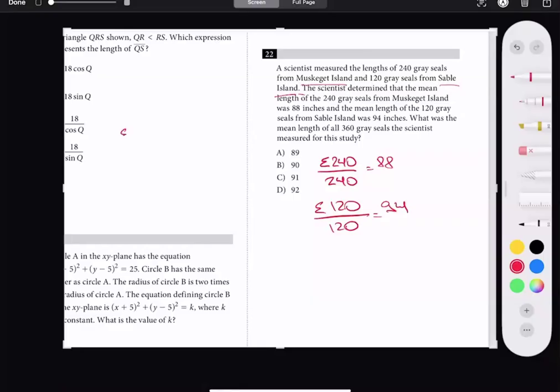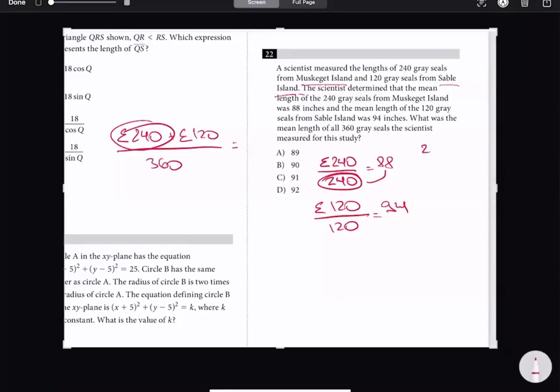So the mean of everything is the summation of the lengths of the 240 Muscat plus the summation of the lengths of the 120 Sable, divided by the quantity that is 360. I multiply this by this and put here.